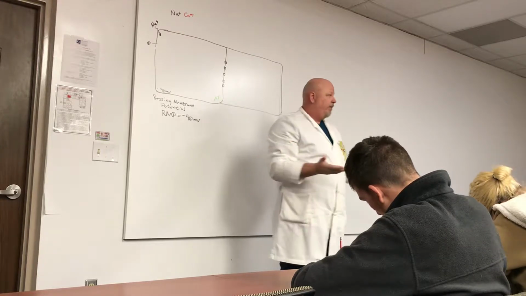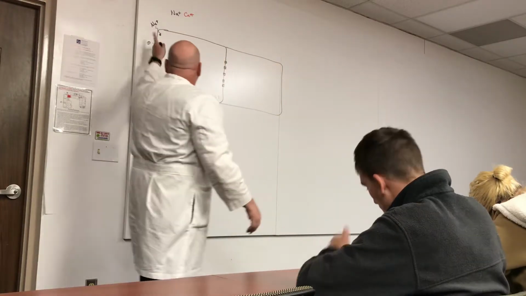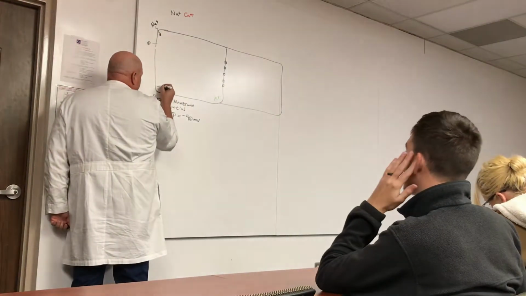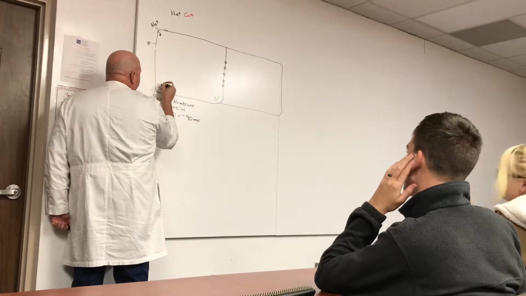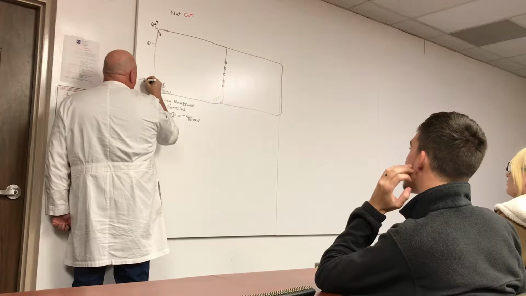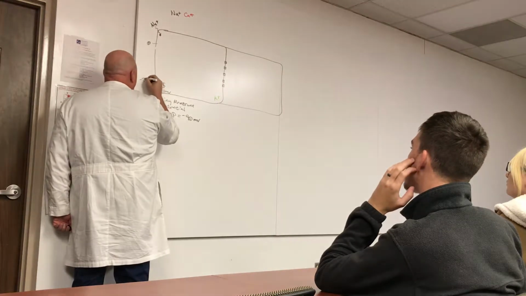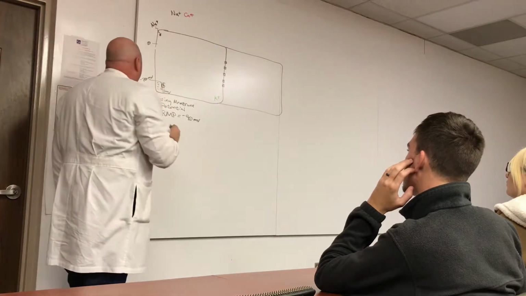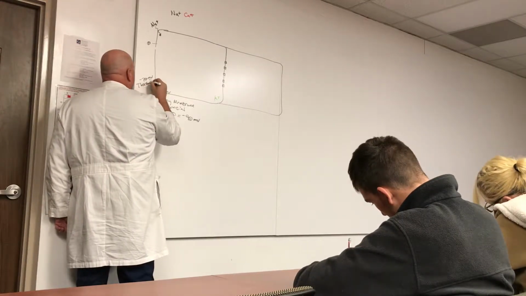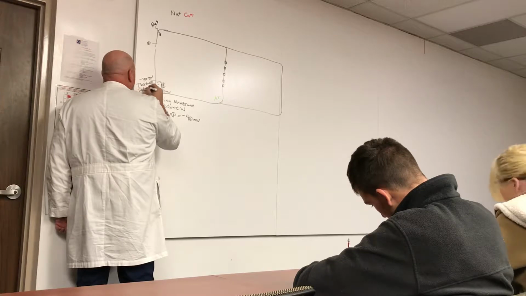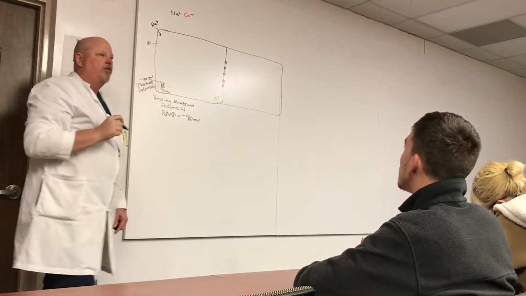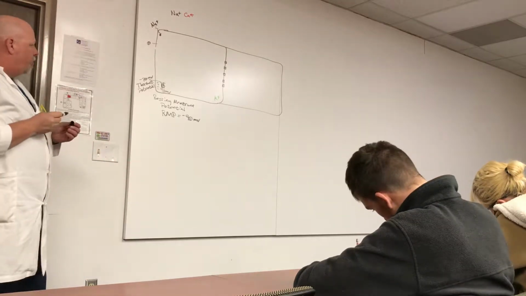So we start to bring sodium in, and it becomes minus 85, minus 80, 75, until it gets to minus 70 millivolts. And this is called threshold potential.